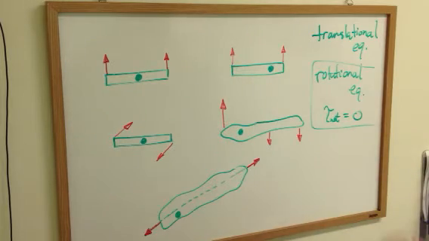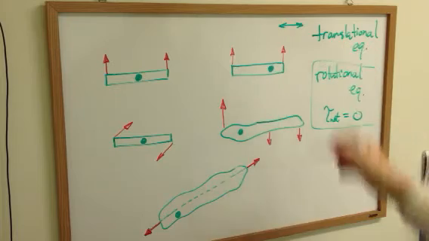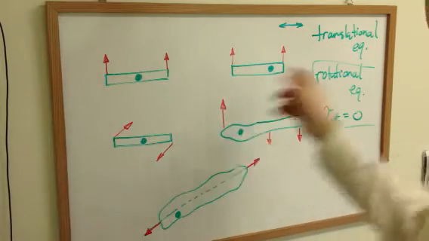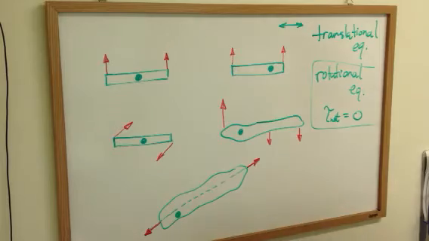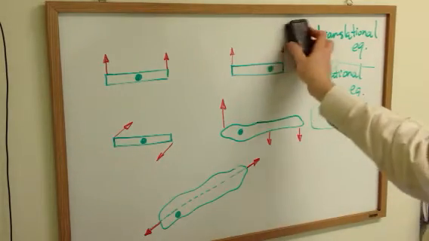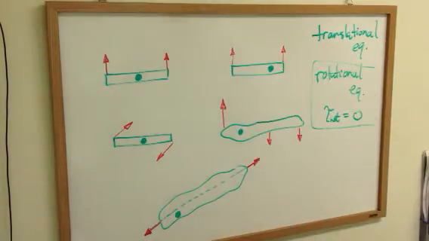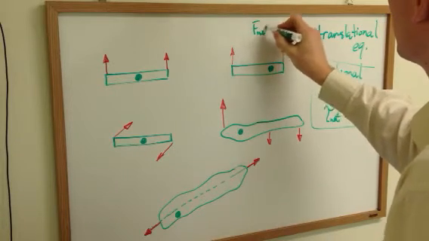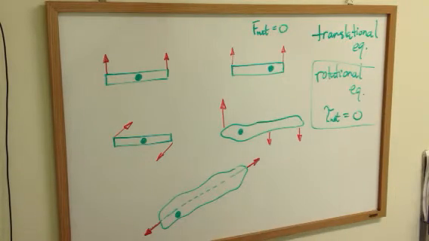Translational equilibrium. Translation is a fancy term. I didn't emphasize it a lot early on in kinematics. It means, is something moving? Is something changing its position? Assuming these things all start at rest, if they don't accelerate, that must mean that the net force is equal to 0. So is the net force equal to 0?